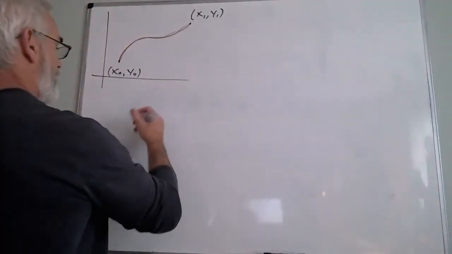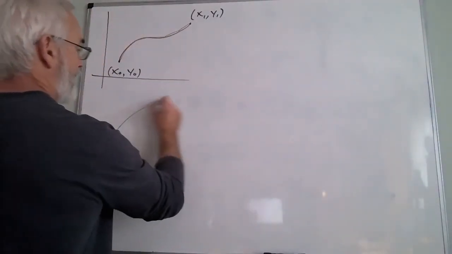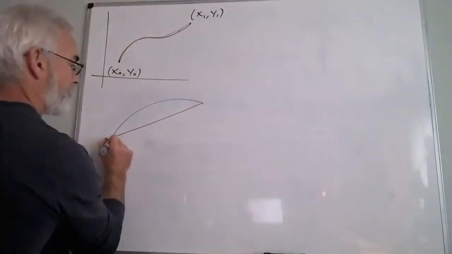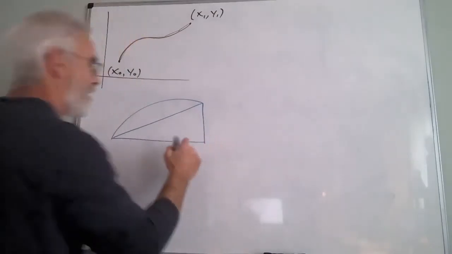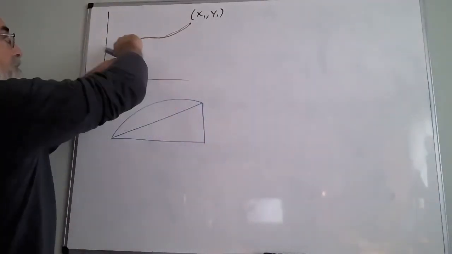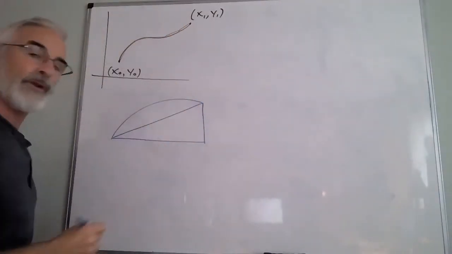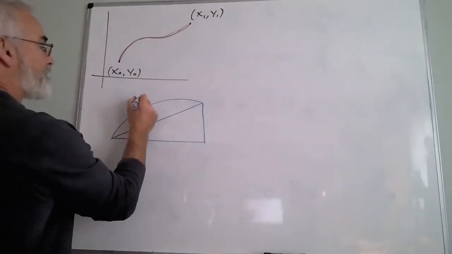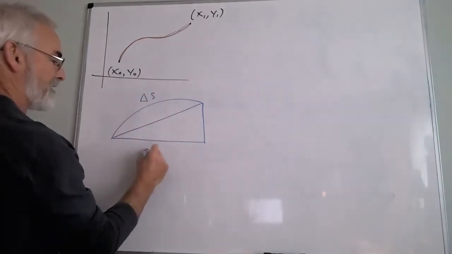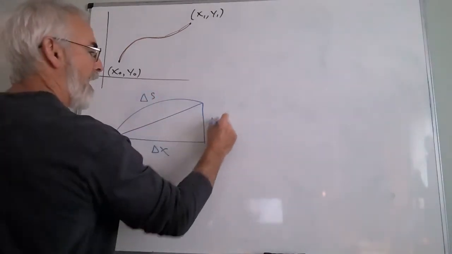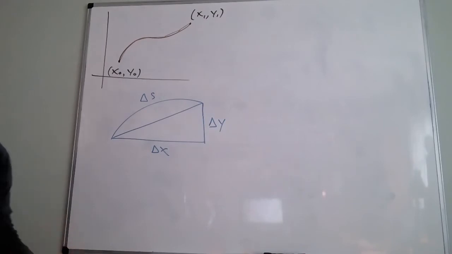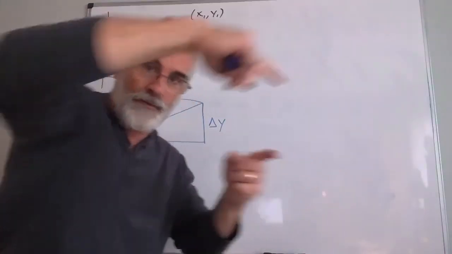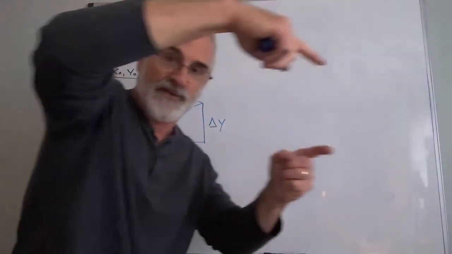So again, to remind you, in Calc 1, I'm going to blow up one piece. This is what I'm calculating. That's one of my little line segments, but that's the actual curve. So we usually use S for arc length. So this would be delta S, this would be delta X, this would be delta Y. And again, going back to Calc 1, when we used differentials, I had the tangent line leaving the curve, and I was estimating the value on the curve by using the tangent line.